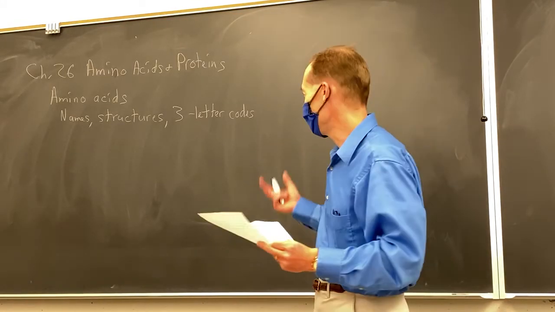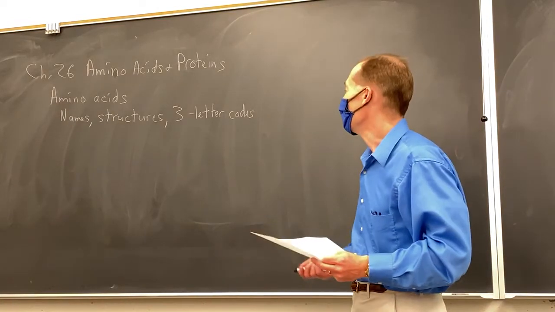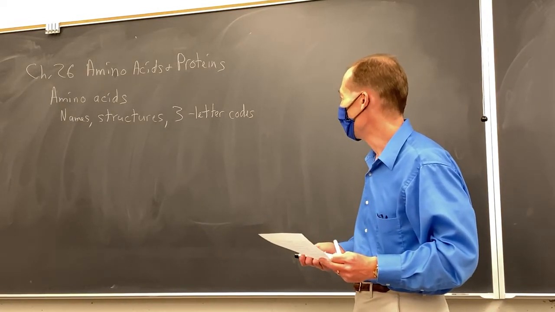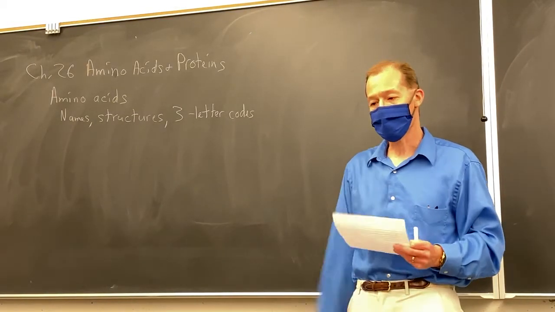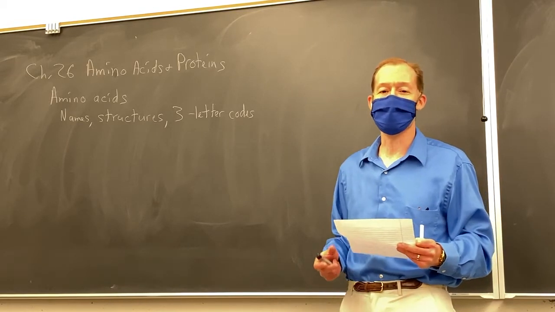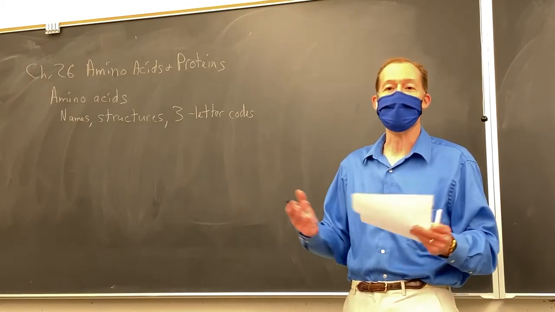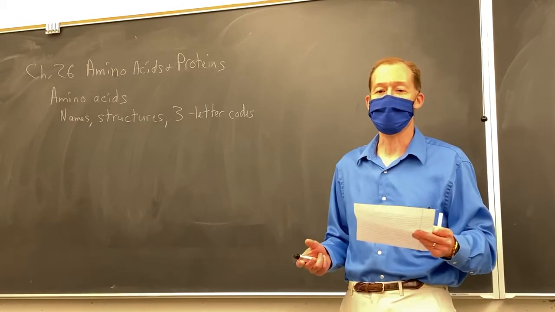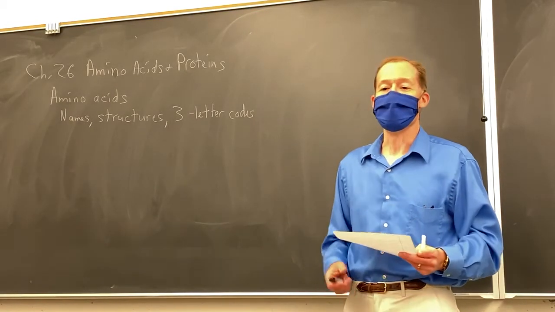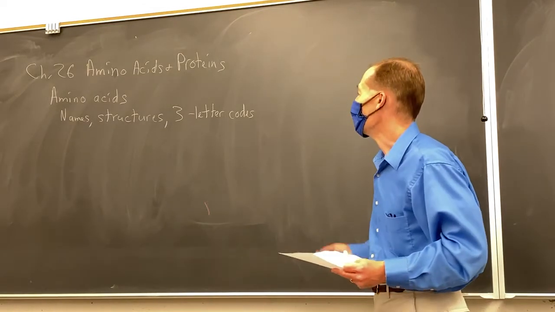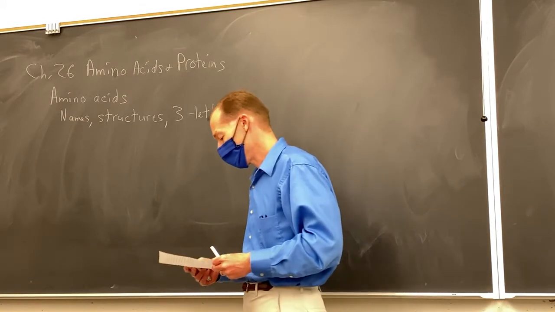And since all 20 of the common amino acids are very important, then we asked you to do that. But we gave you some mnemonic devices. There's that music video you can take a look at on Learning Suite that has some clever mnemonic devices. And just the names themselves, such as the connection between alanine and phenylalanine, asparagine and aspartic acid. Those give you opportunities to memorize those names and structures. So flashcards are helpful for this purpose.